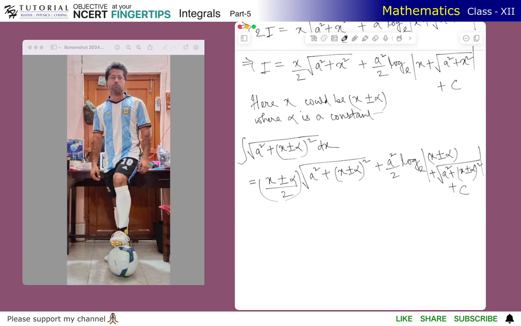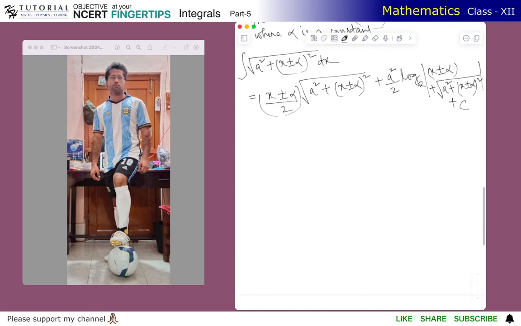So in the actual problem, when you transform the quadratic expression inside the root, it may not be in the form a square plus x square, but it could be in the form a square plus (x plus minus alpha) square. Now, let's try to quickly solve a problem.